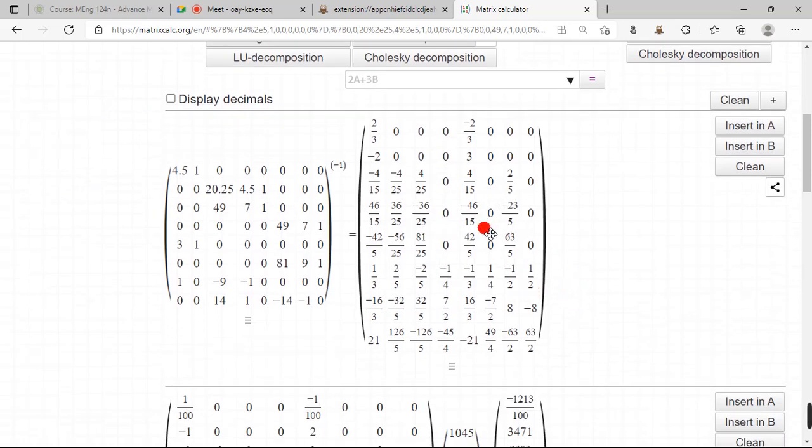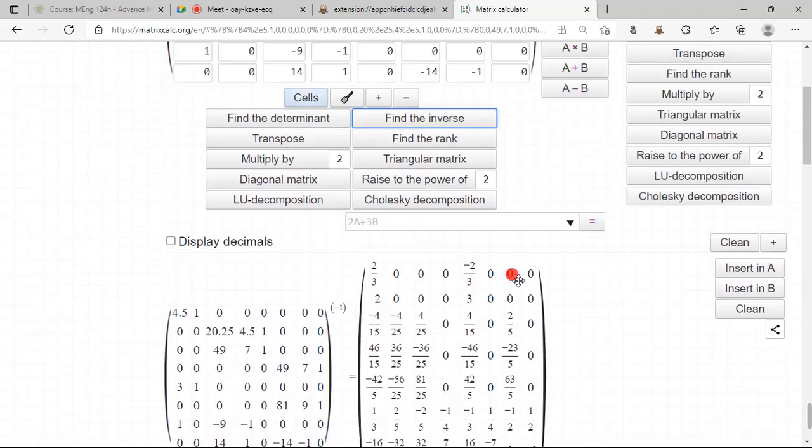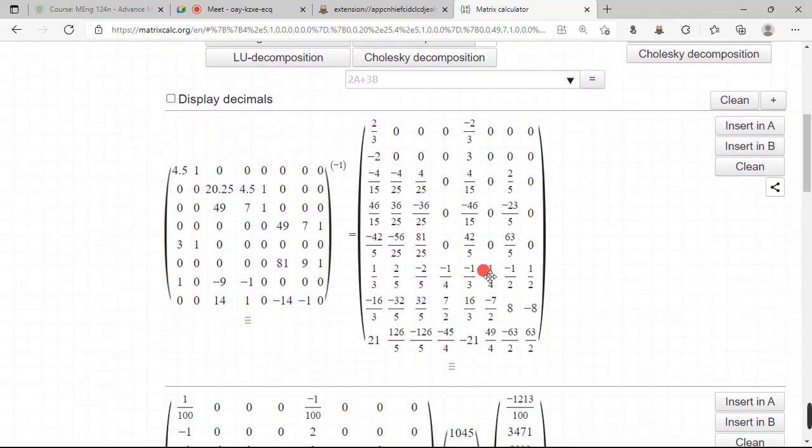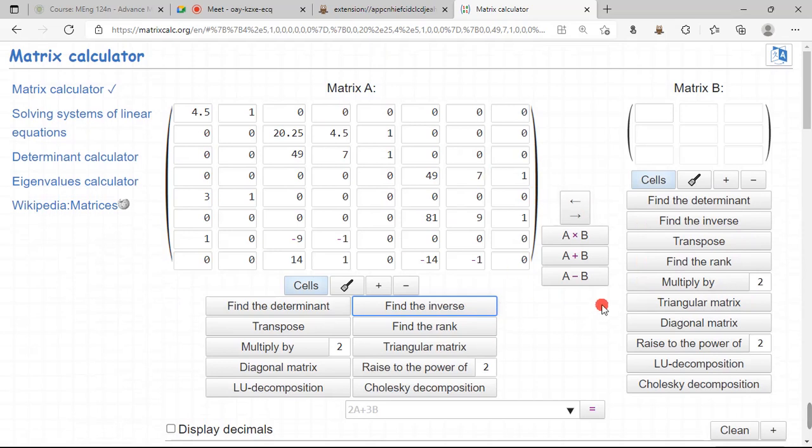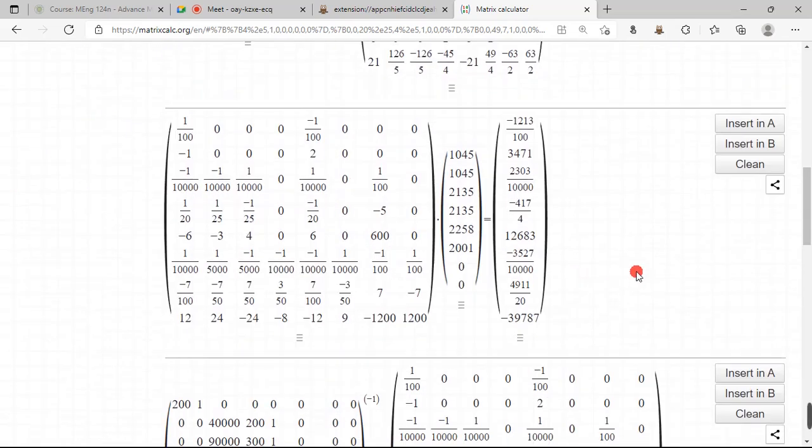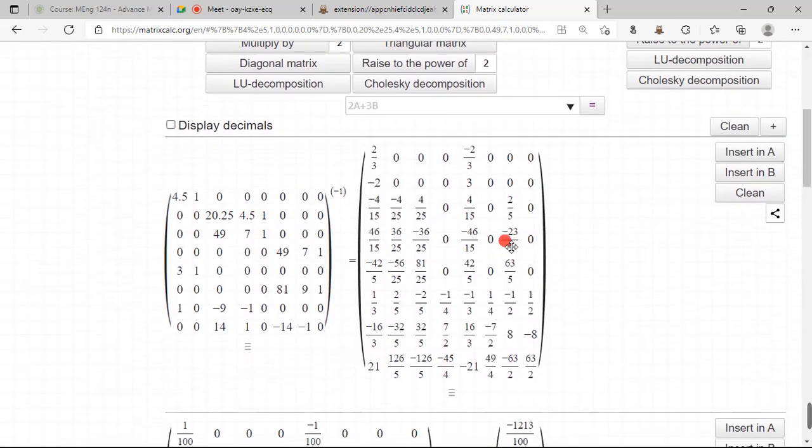Okay? Mo-show na ang inverse. Now, ato na siya i-insert balik ni A, kay para maka-perform tag calculation, kinaman diri matrix A times B or i-add nato or i-subtract. So, ato balik ang result sa inverse.